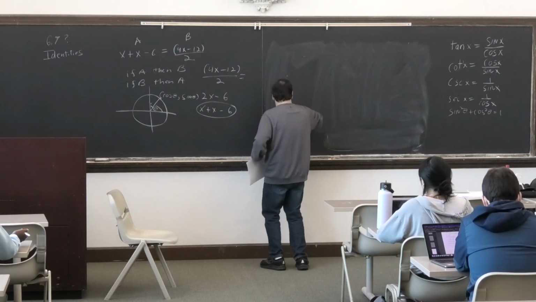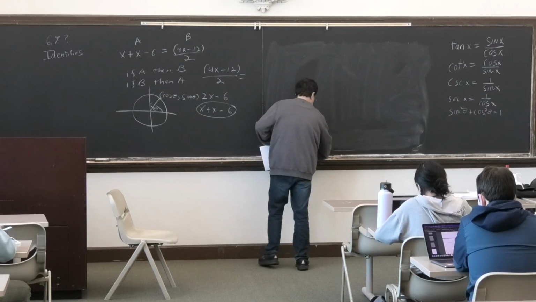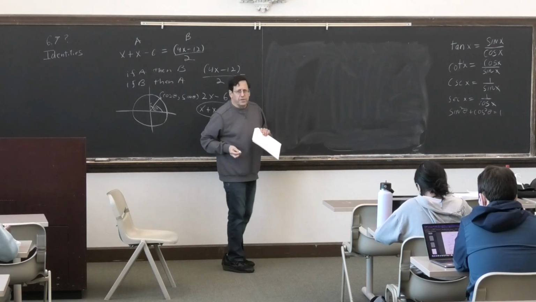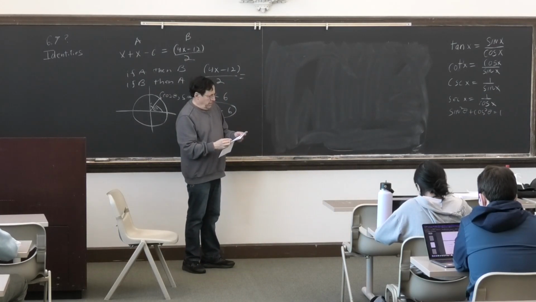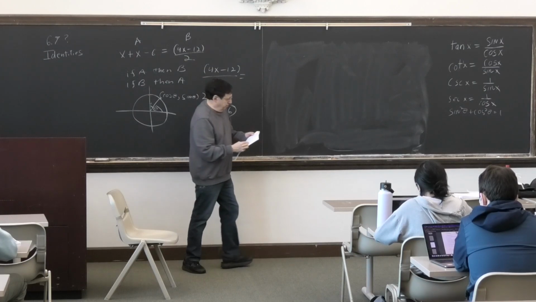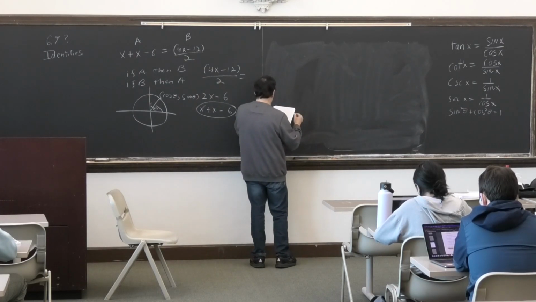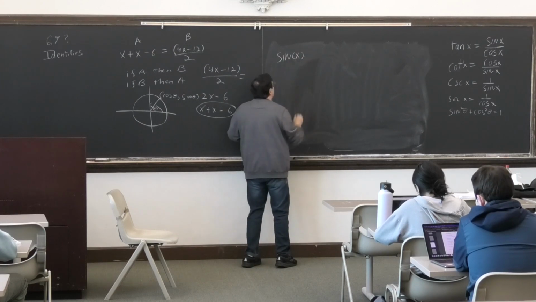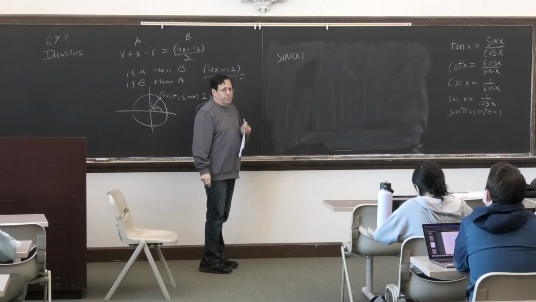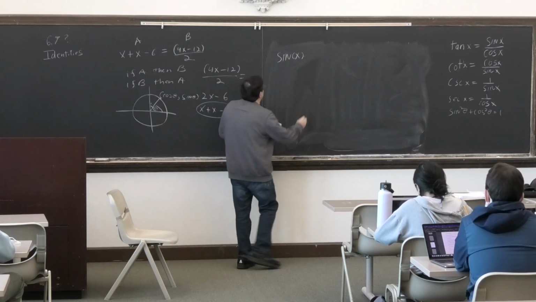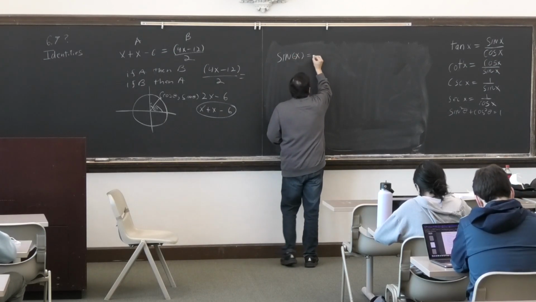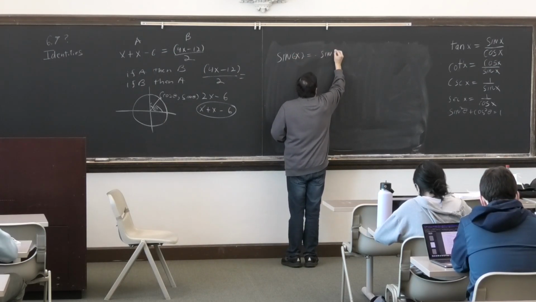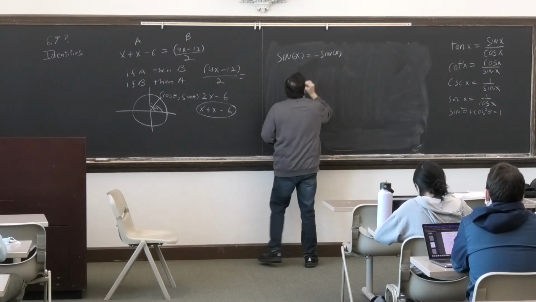There's some very simple but basic identities having to do with oddness and evenness. You may recall that sine of x is an odd function, which means that sine of minus x is equal to minus sine of x.